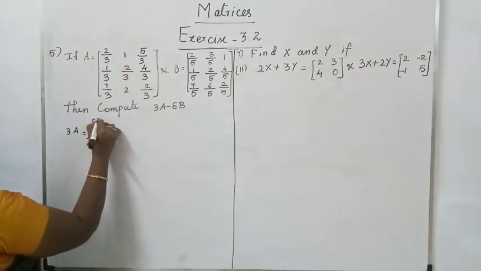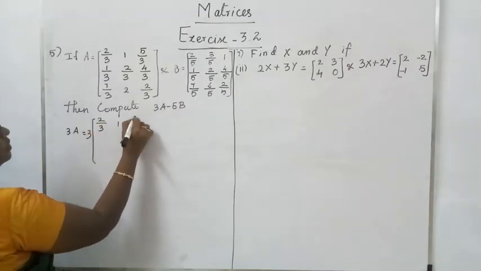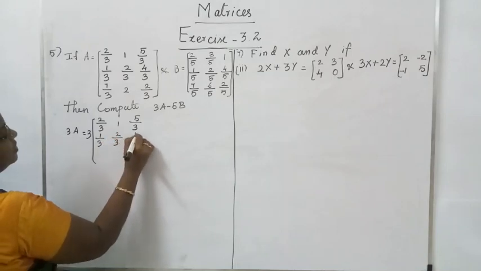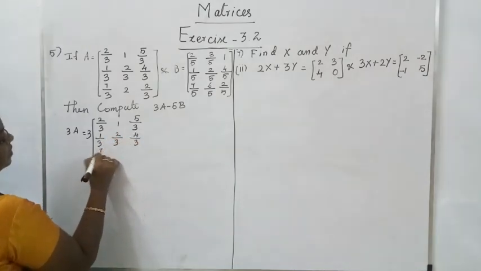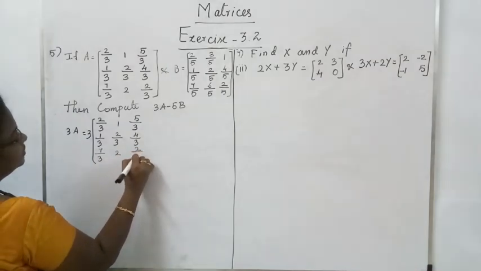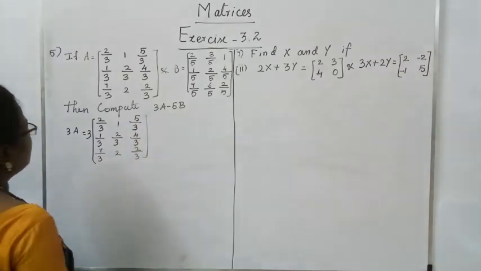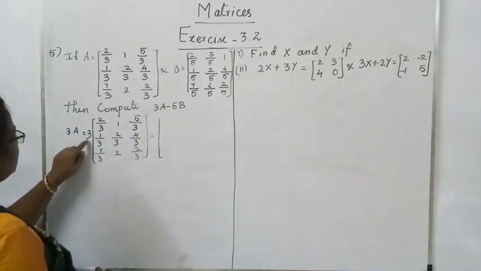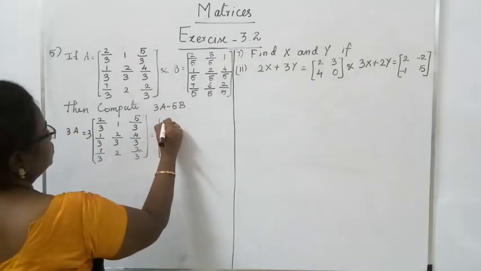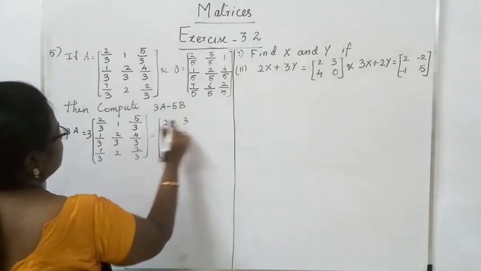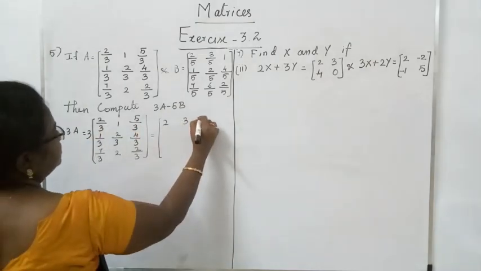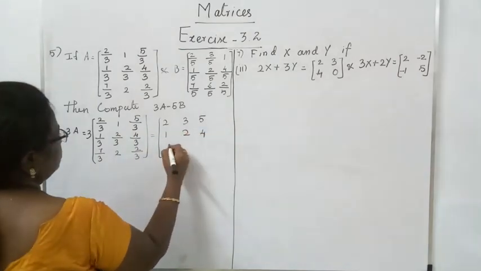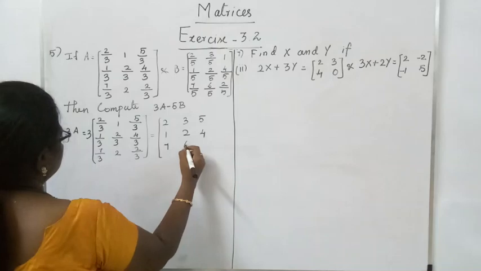So 3 into 2 by 3, 1, 5 by 3, 1 by 3, 2 by 3, 4 by 3, 7 by 3, 2 by 3. Now multiply this 3 with these elements. While multiplying, 3 into 2 by 3 is 2, 1 into 3, 3 into 5 by 3. Here 1, 2, 4, 7, 6, 2.